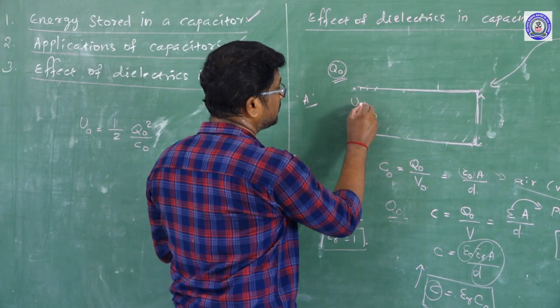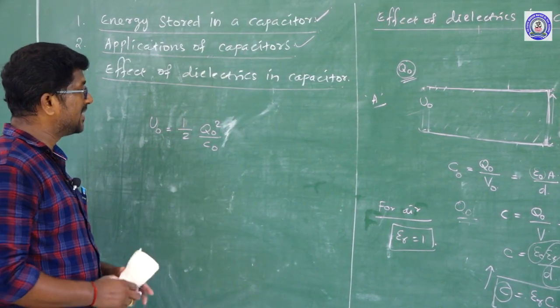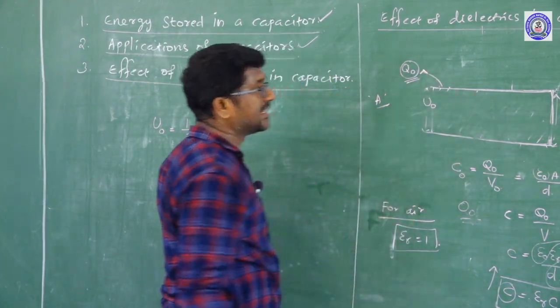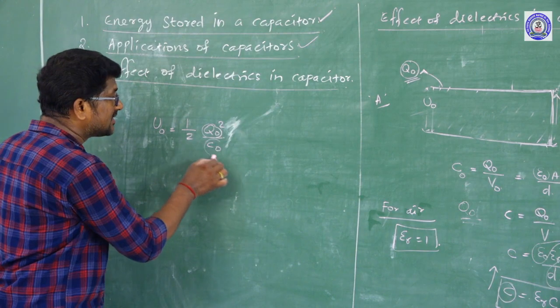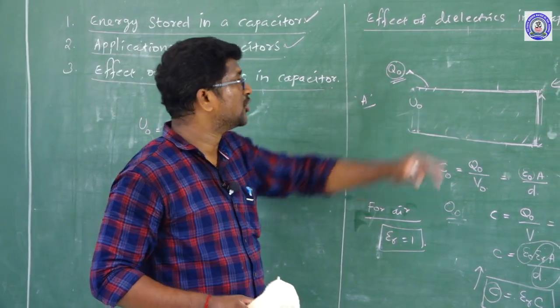Q naught is the amount of charge in the capacitor before dielectric material is introduced, right. And C naught is the capacitance of the parallel plate capacitor before dielectric material is introduced, right.